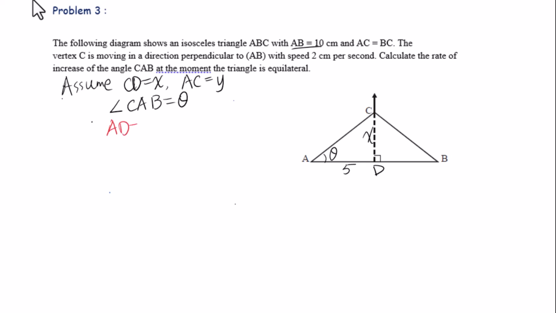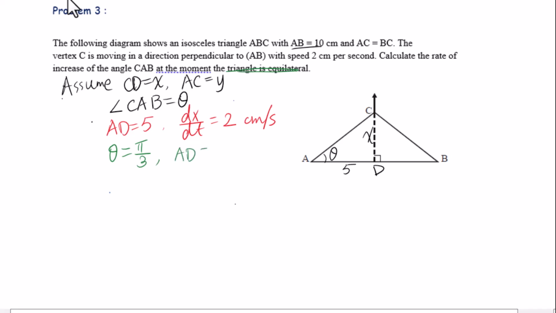We know AD equals 5, dx/dt equals 2 centimeters per second. When triangle ABC is equilateral, we know theta equals pi over 3.